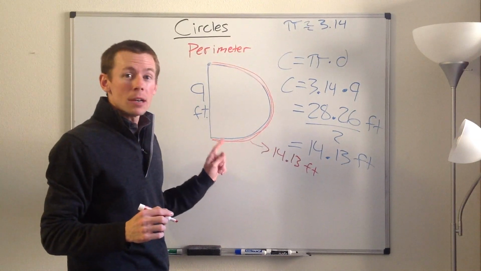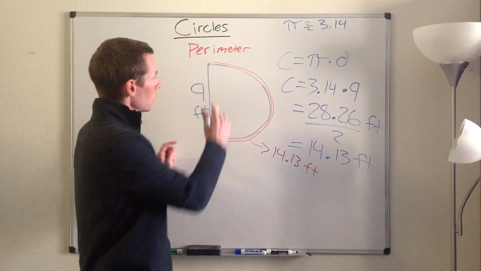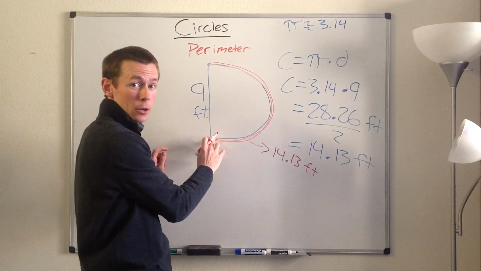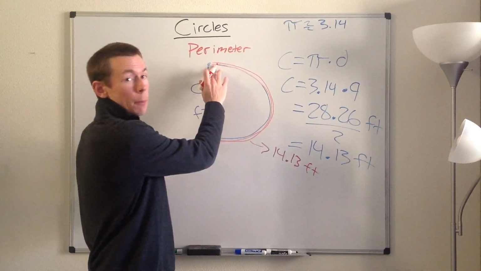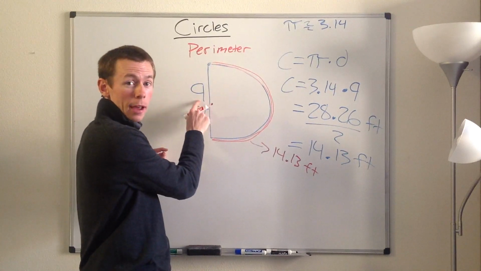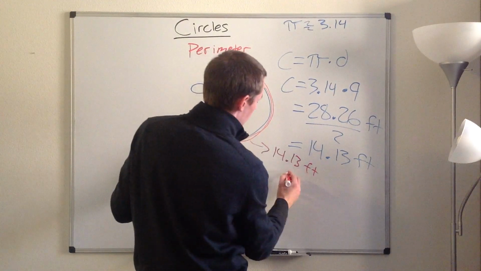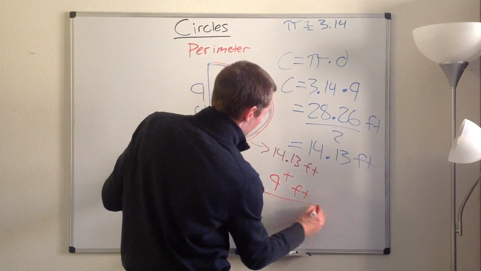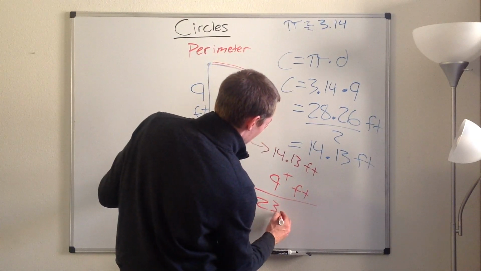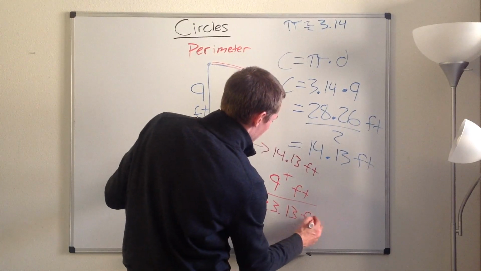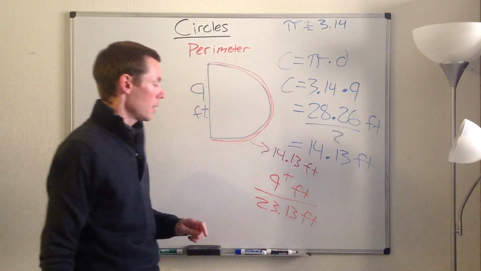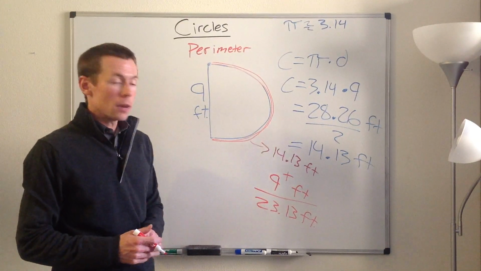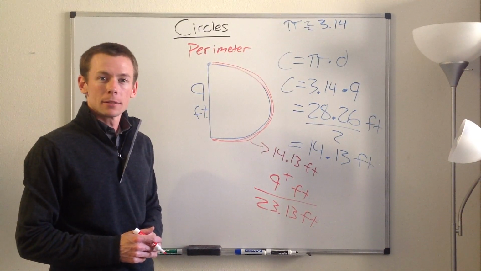and so far we would not be back to where we started. We would have gone from here to here, but to get back to where we started we'd still have to go up another 9 feet. So the perimeter is 23.13 feet.